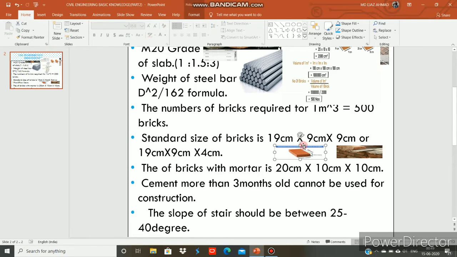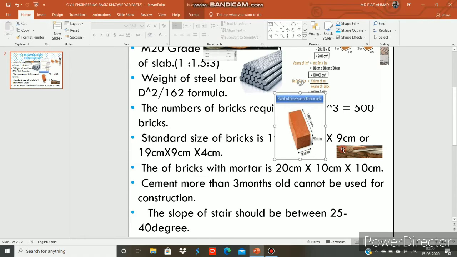This is your brick and this is your length, 190 mm. Here this is in mm. If you want to change to centimeter, we divide this by 10. We get it in centimeter. This is your height of brick and this is your width.